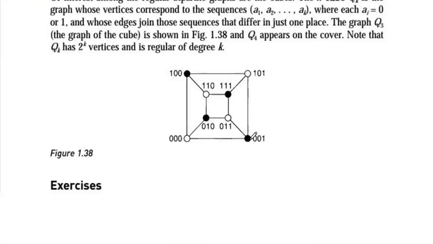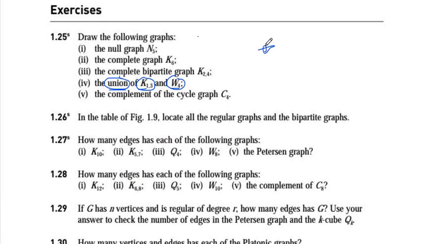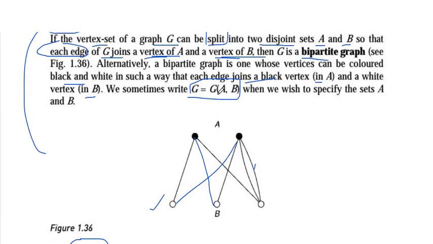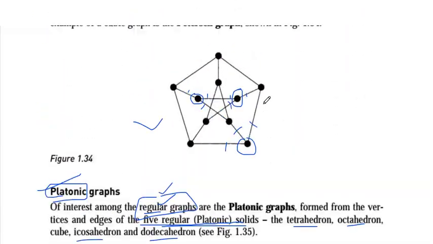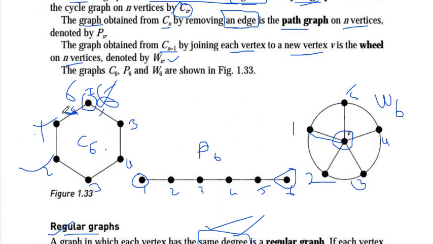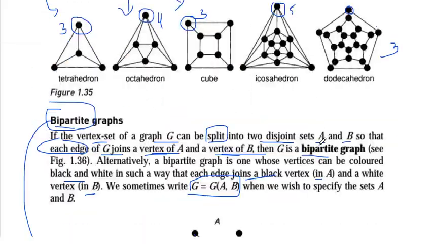This is K_1,3: 1 black, 3 white. Then the wheel of 4. What is a wheel? First of all we draw a cycle graph of 4. Then we remove one vertex and add a center, joining it with each vertex.